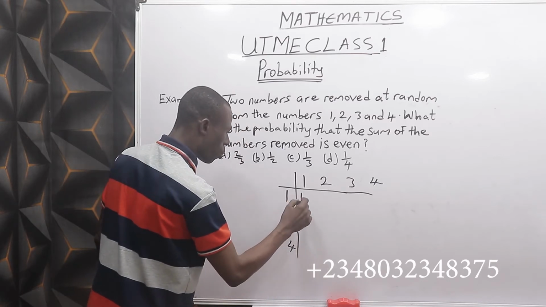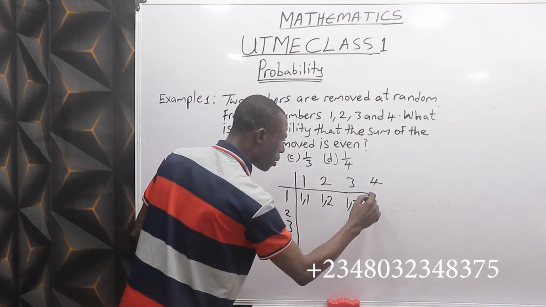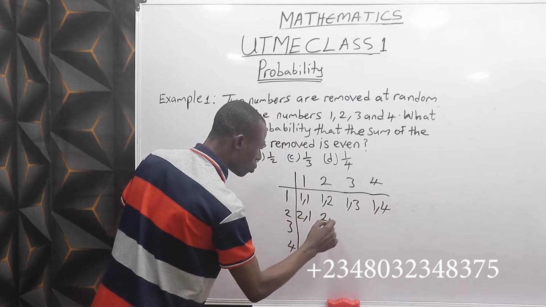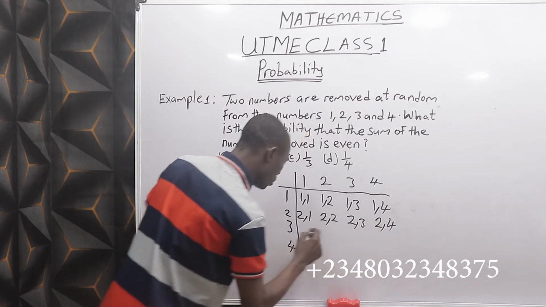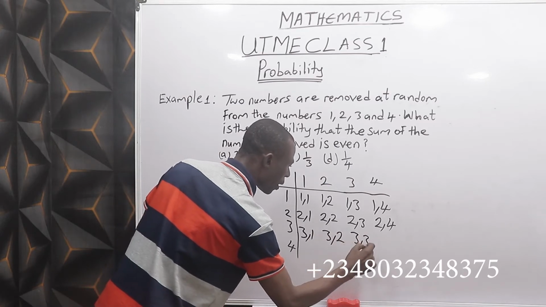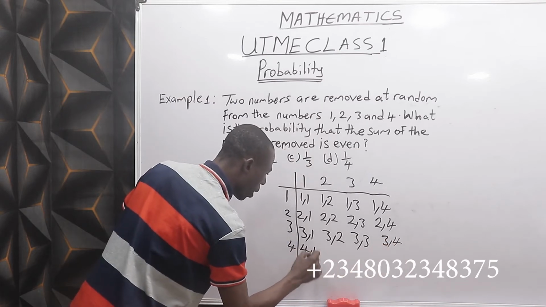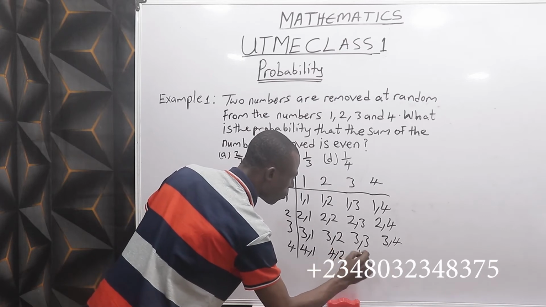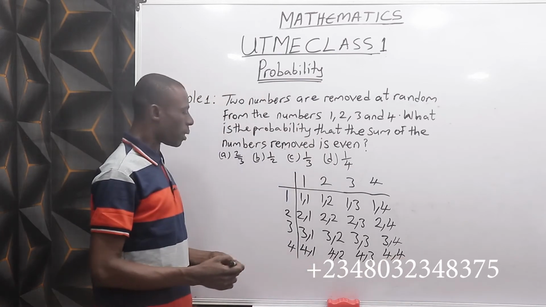If we take this 1: 1 1, 1 2, 1 3, 1 4, 2 1, 2 2, 2 3, 2 4, 3 1, 3 2, 3 3, 3 4, then 4 1, 4 2, 4 3, 4 4.